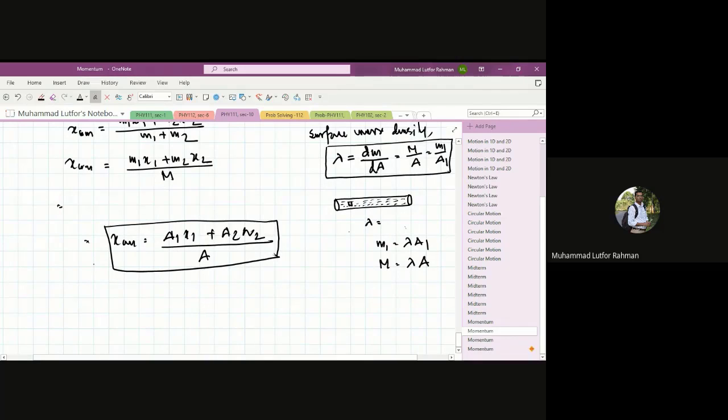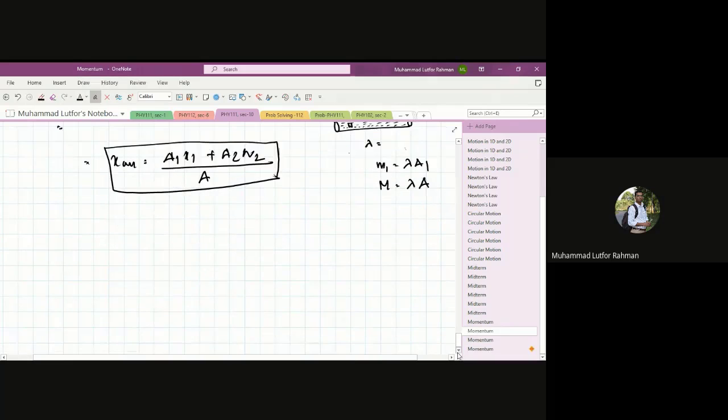We can write this formula also for, say, the 3D case. 3D case means the volume part. If I write the volume case, what would that be? In that case, xcom, the formula you know already, m1 x1 plus m2 x2 divided by total M. Now we define the density of a system, mass per unit volume, right?